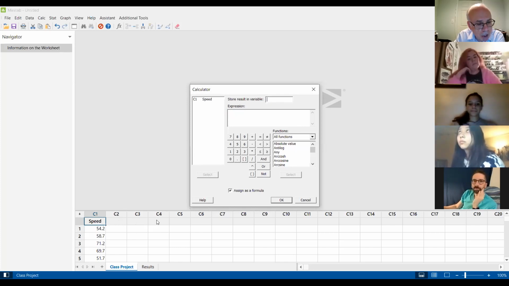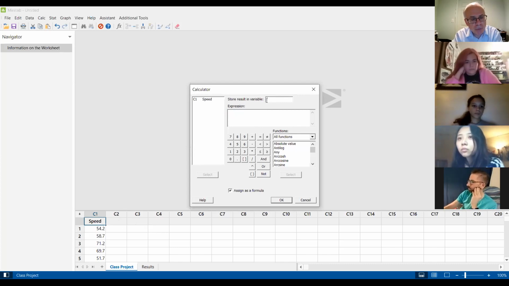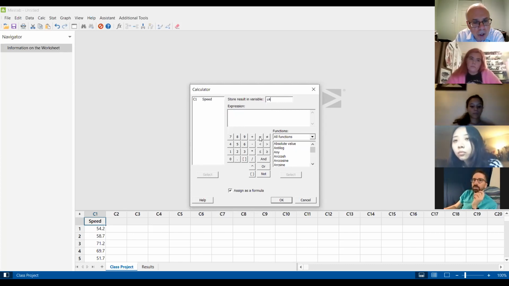I'm going to use C4 here. It says store the result in a variable, and if there's nothing in that column, it'll just put the answer in the first row of that column. So I'm going to put C4 here, and store the result of that calculation, that's Sturges's formula.